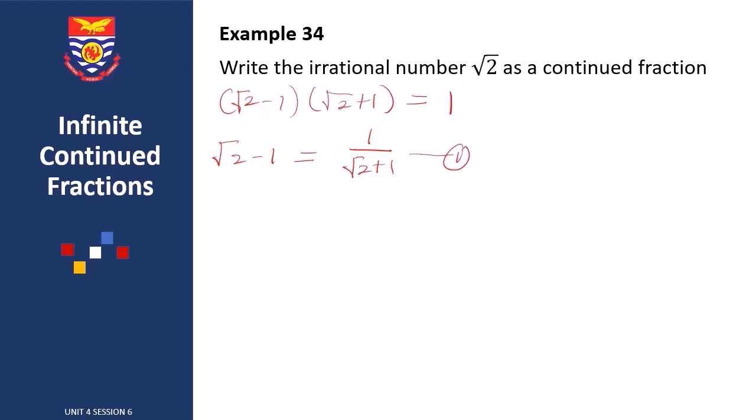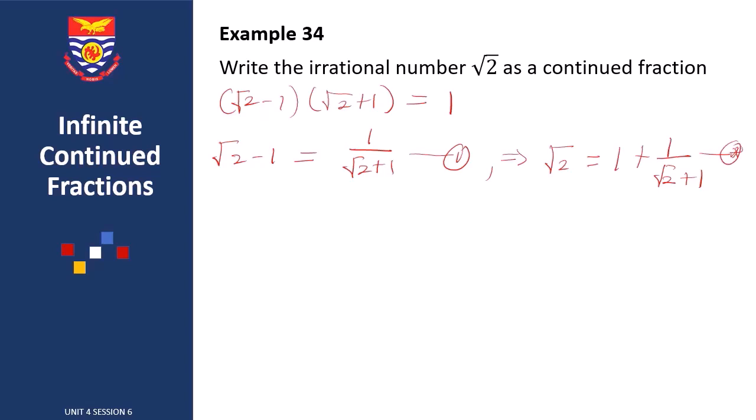From equation 1, I think we can make root 2 the subject. When I make root 2 the subject, I'll get 1 plus 1 divided by root 2 plus 1. Let me call it star.